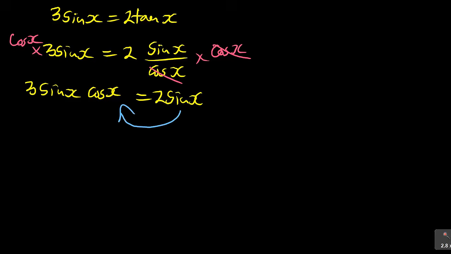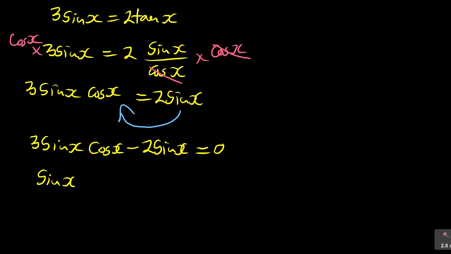Take it to the other side so that it will become 3 sine x cos x minus 2 sine x is equal to 0. Whenever you attempt to divide, remember you must factorize instead. So you see now I can factorize sine x.